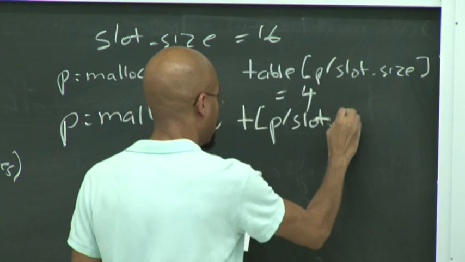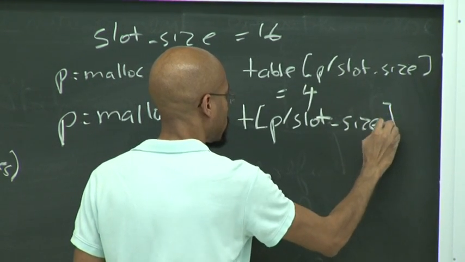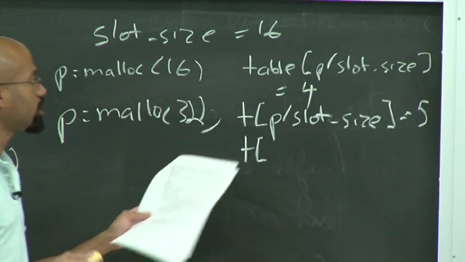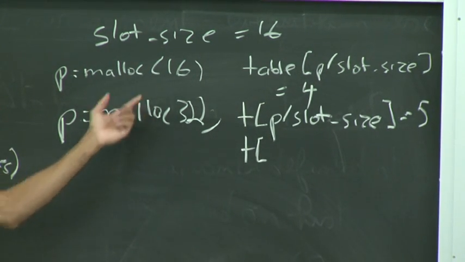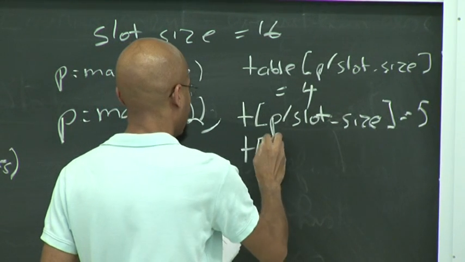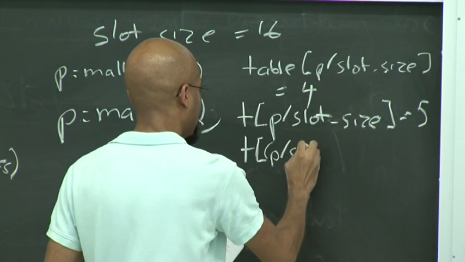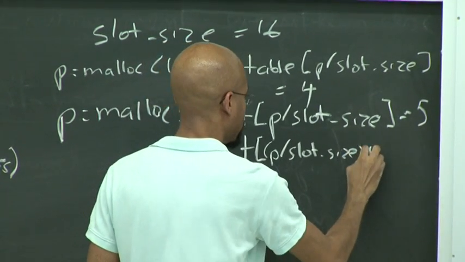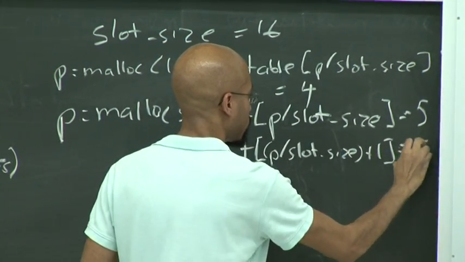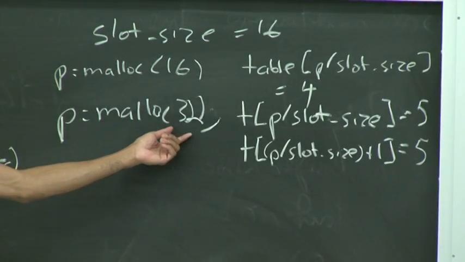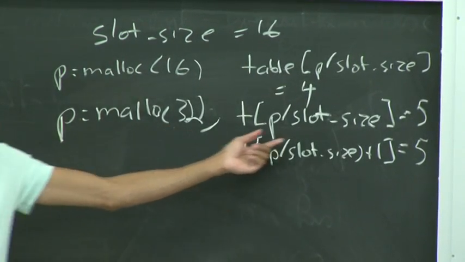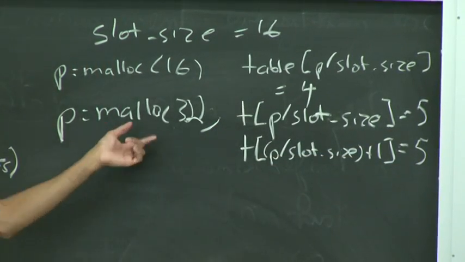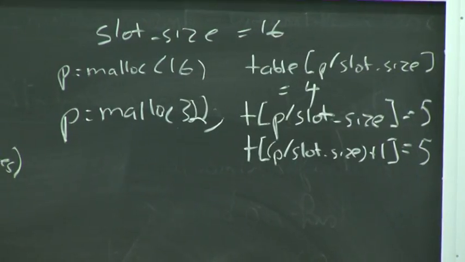We update it once for the first slot in memory that this allocation takes up, and then a second time for the second slot that it takes up. Once again, 32 is the allocation size, and this is the log of that allocation size. So for the 2 slots that this memory takes up, we update the bounds table twice.